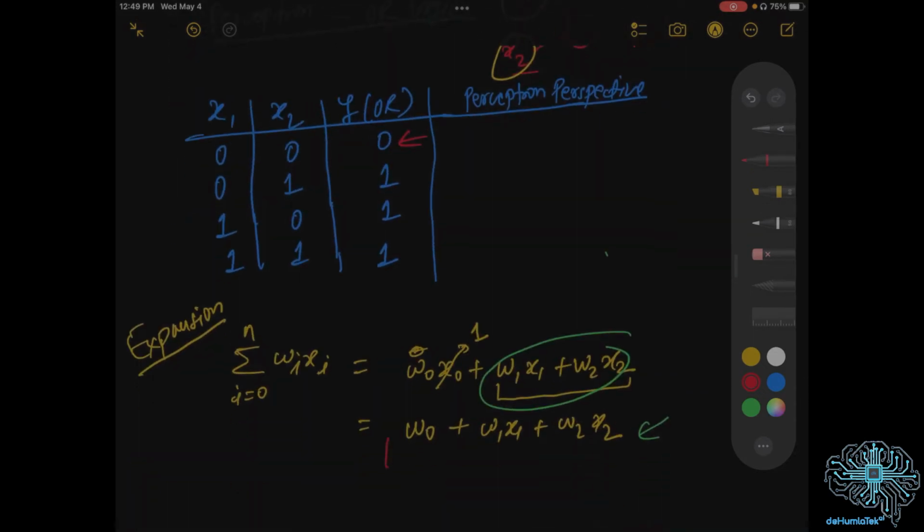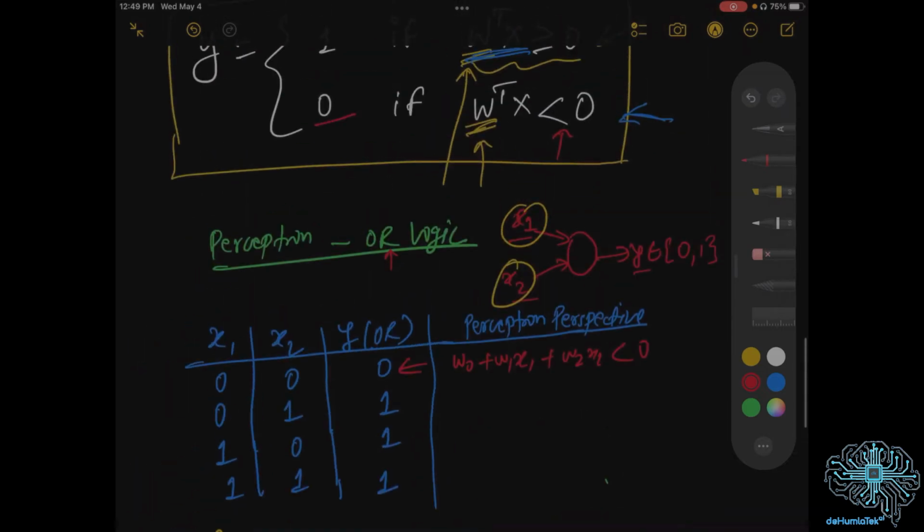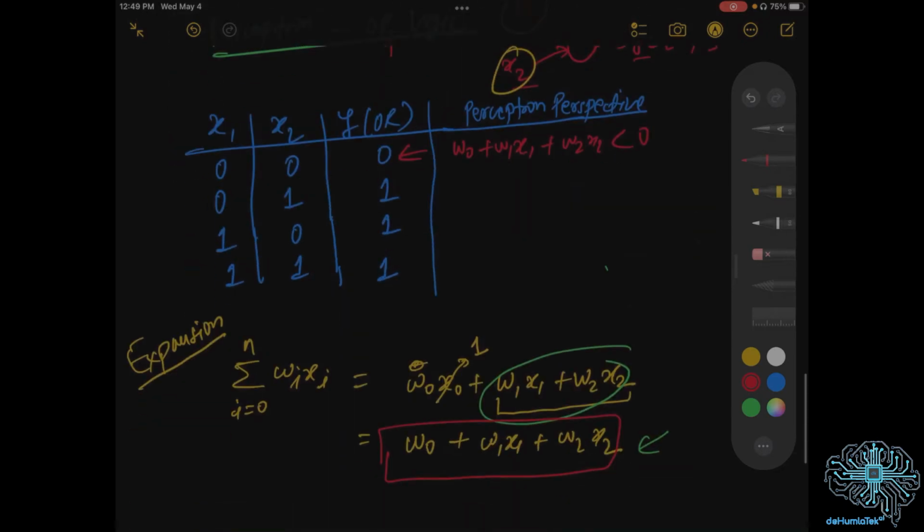So we'll use this function: W0 plus W1 x1 plus W2 x2 is smaller than 0. It doesn't fire for smaller than 0, and for the rest of these cases the neuron will fire. So for all of these cases, we'll have W0 plus W1 x1 plus W2 x2 greater than or equal to 0.